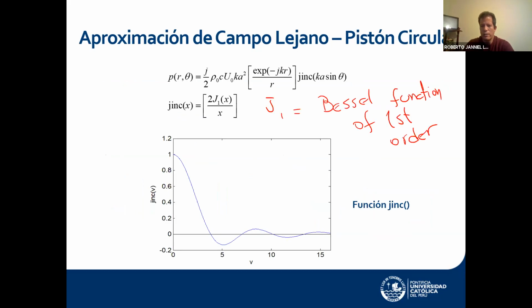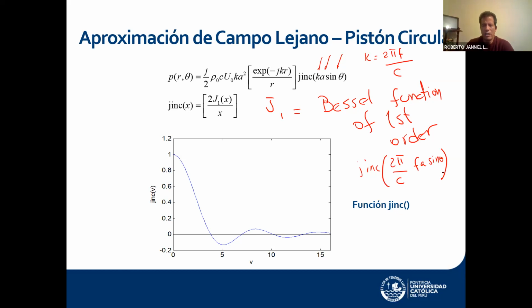That has to do with the fact that when you work your way through the math, the pressure field is proportional to the jinc of k times a times sine of theta, where k, you remember, is omega divided by c, which is 2 pi f divided by c. So you would have the jinc of 2 pi divided by c times f times a times sine of theta.